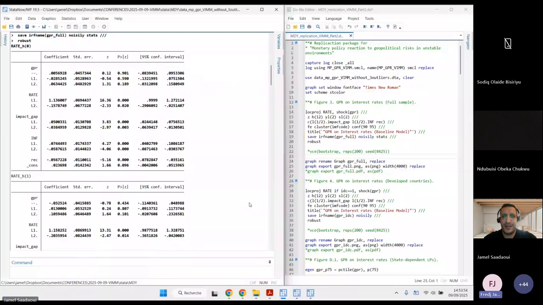Taking into account the US, for example, the US is involved in a lot of geopolitical events, so the GPR is high, while for other small countries it could be lower. I don't know how you control for the difference in size of GPR across countries. No problem. We are going to do state-dependent local projection.